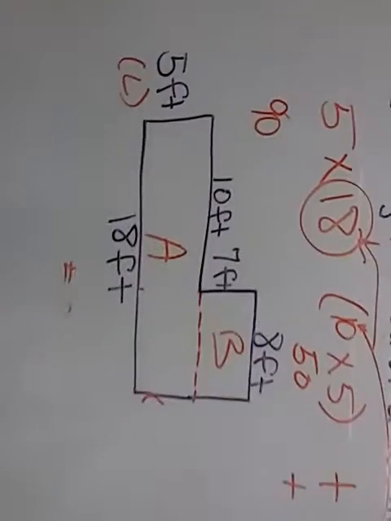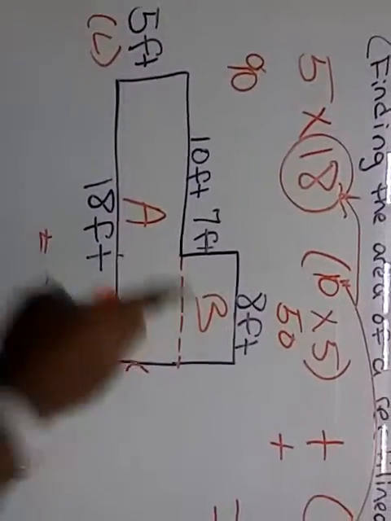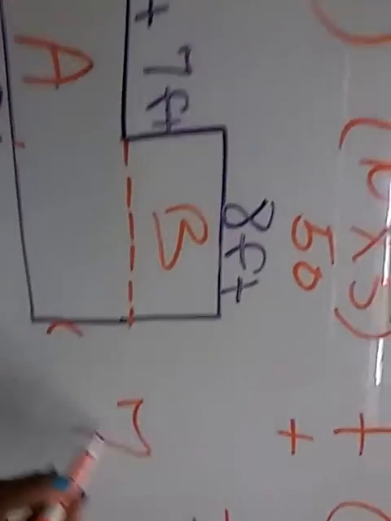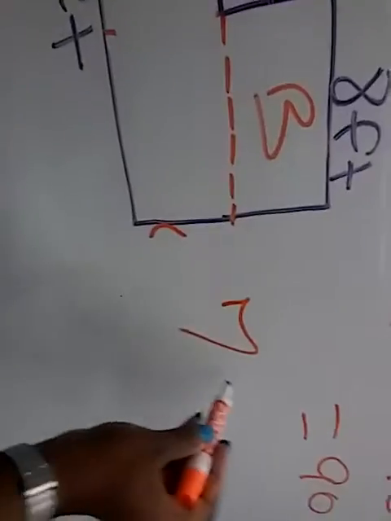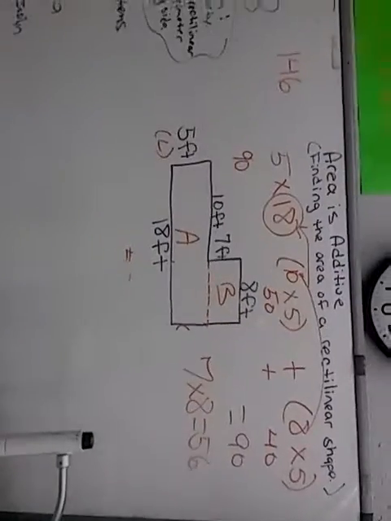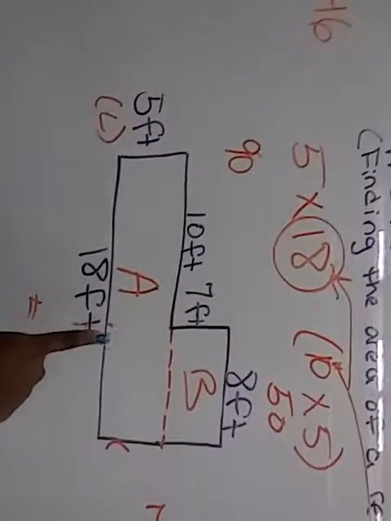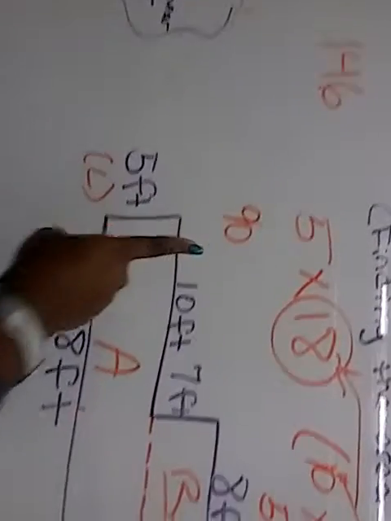Now I have to find my area for B. Now I can see I have a length of 7 feet and I have a width of 8 feet. 7 times 8 is 56. My last step is to combine rectangle A's area and rectangle B's area.